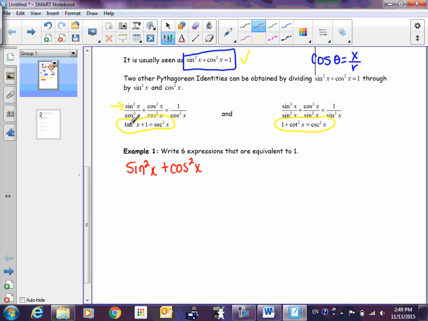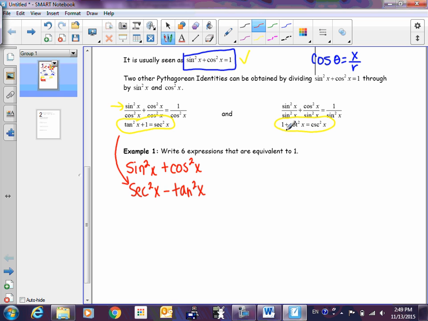Now see this one, how it says tan squared x plus 1 equals secant squared x? How could I get the 1 by itself? Secant squared x minus tan squared x. Perfect.